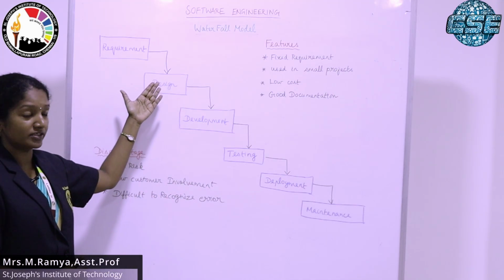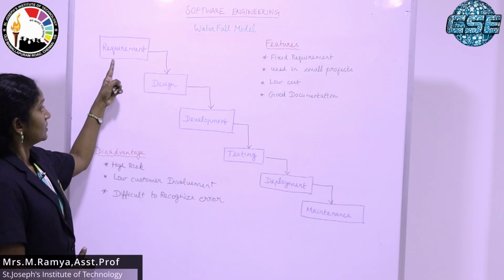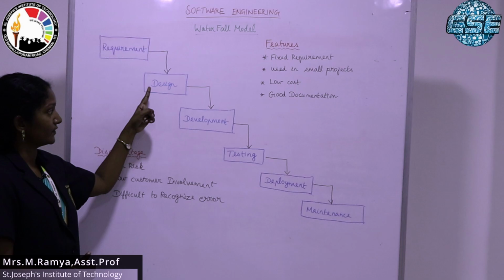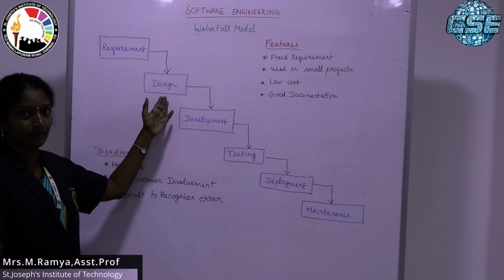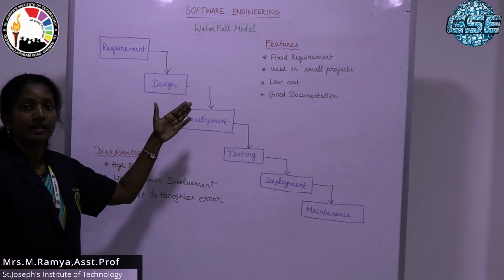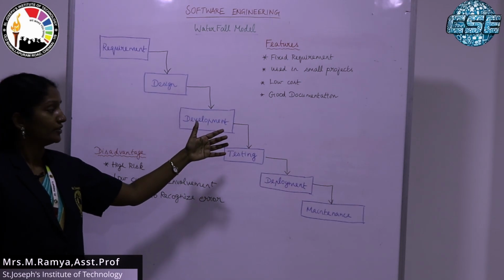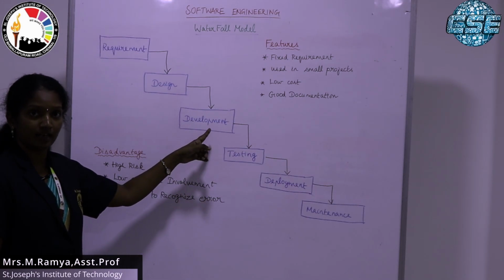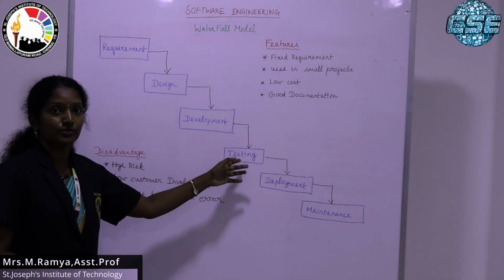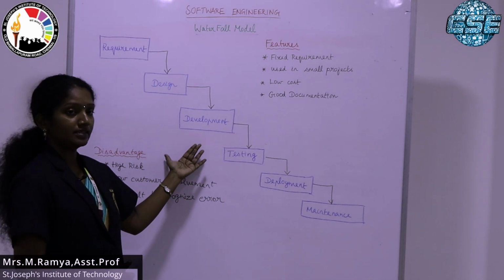Let me say it once again. First, based on the customer requirement, the design is created, which is the structural representation. After that, development activities are done, where coding is done, and after coding, testing is done to check whether the software is working correctly.